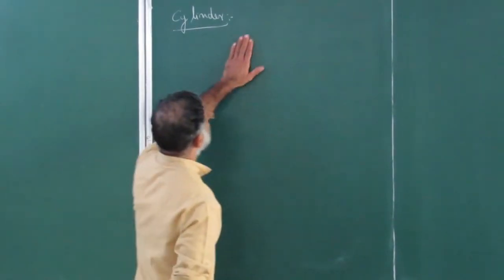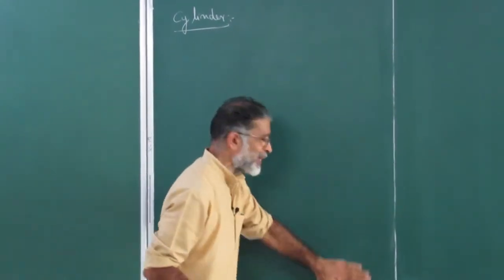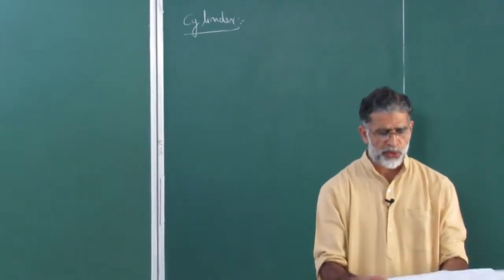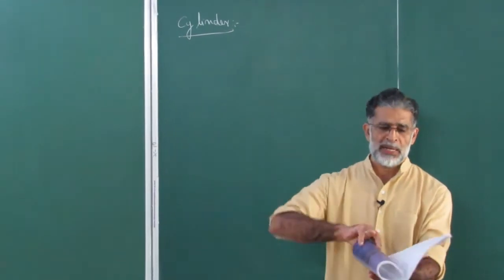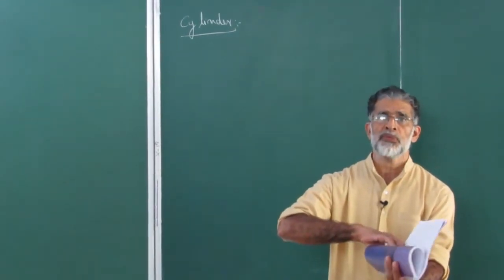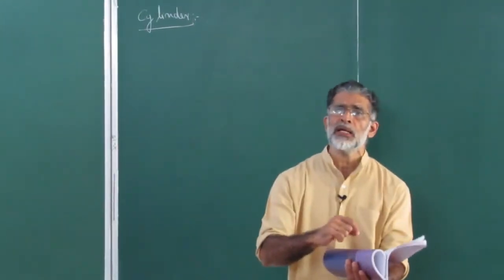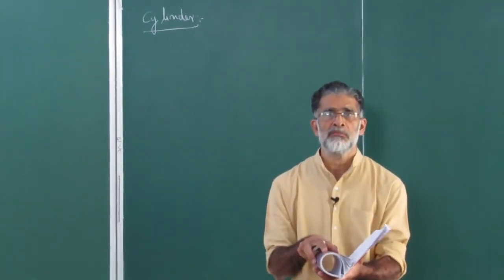Cylinder. To get an isometry, the best way is, you can imagine, you take a plane sheet and then bend it, that's how you get a cylinder. In this bending, you are not doing anything to the distance.